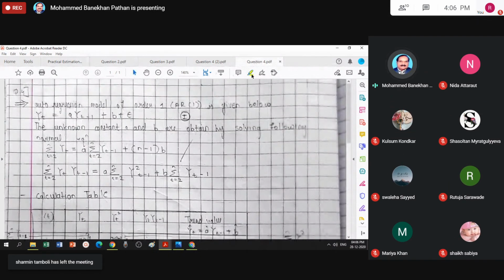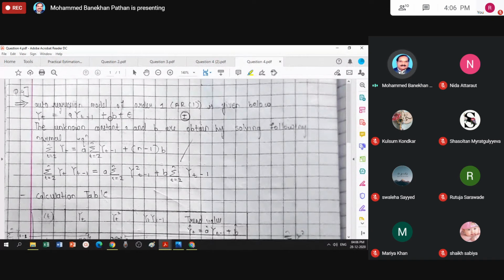Question number 4, solution. Autoregression model of order 1, that is denoted AR1, is given below. Yt equal small a yt minus 1 plus small b, plus epsilon.